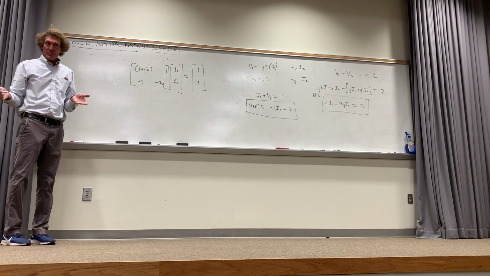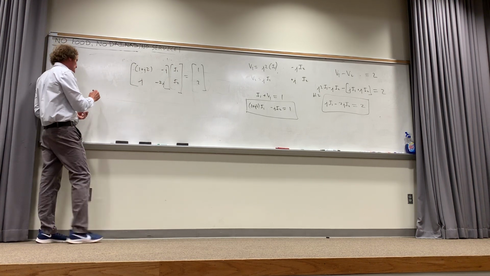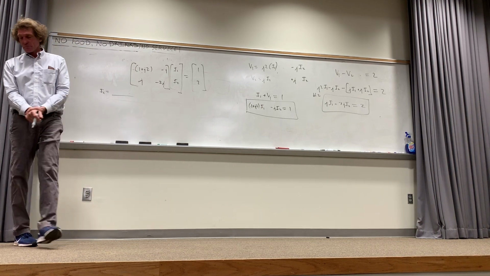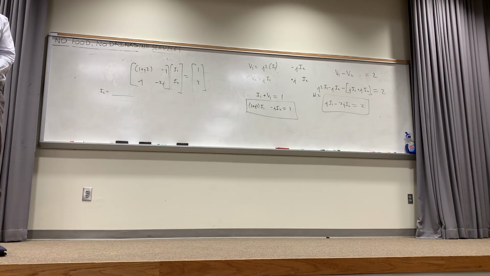So what do you get for that? For I2. Give me a magnitude, an angle, or a real imaginary, it won't matter. If you have your calculators, try this one, it's good.